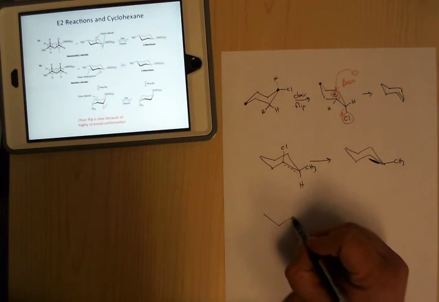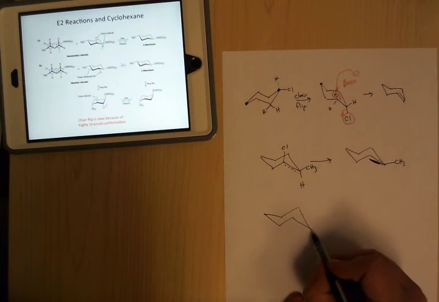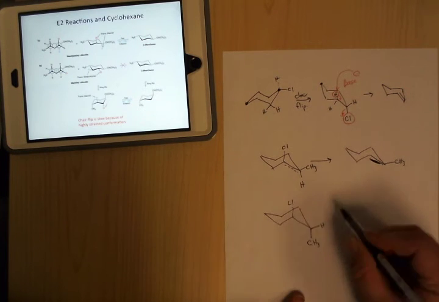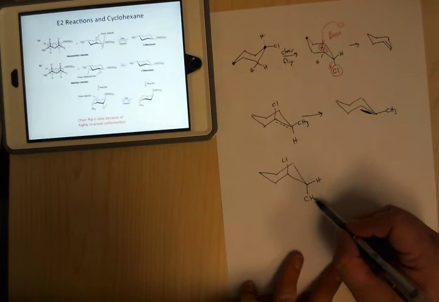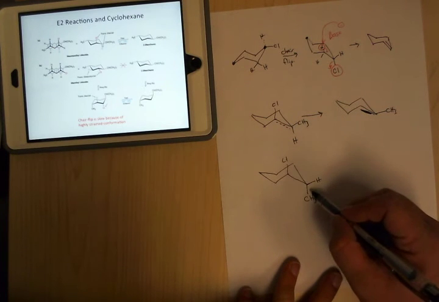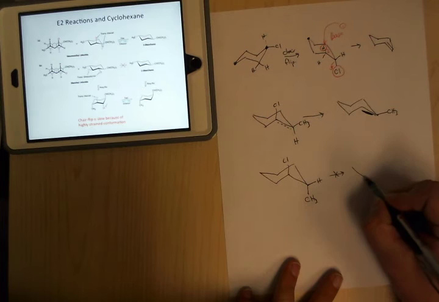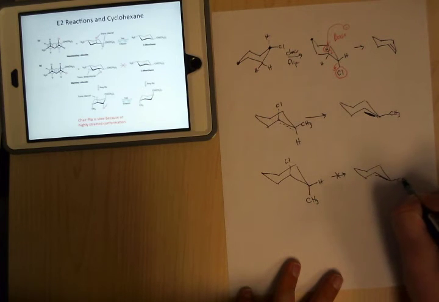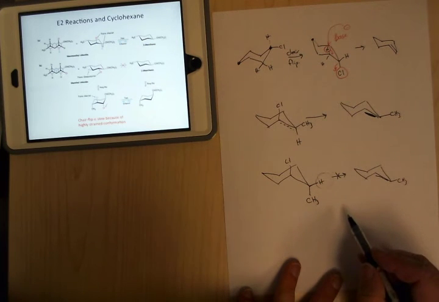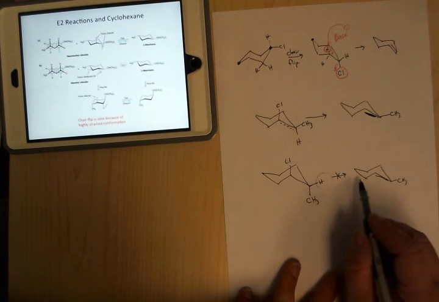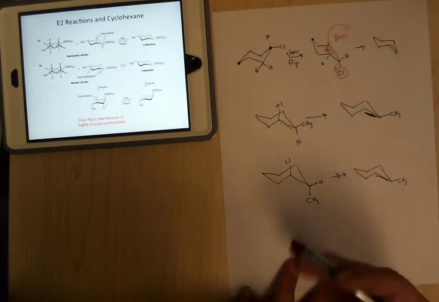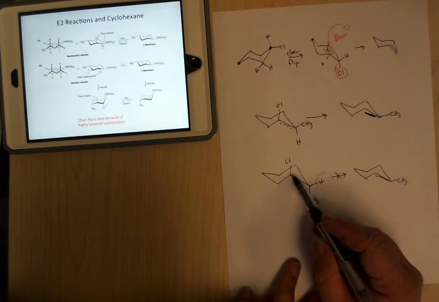But if instead, let's say this is down, this is axial, 180 degrees from this chlorine is this methyl group here. You're out. This reaction won't happen because this isn't in the correct orientation. Even if you chair flip it, this becomes equatorial, which doesn't do you any good. So be careful.